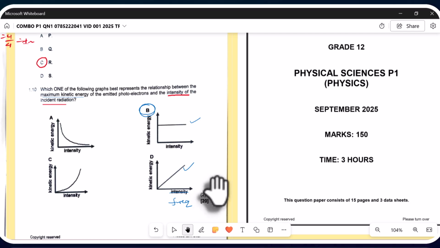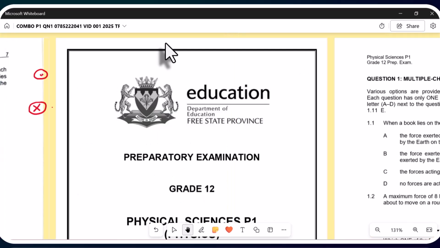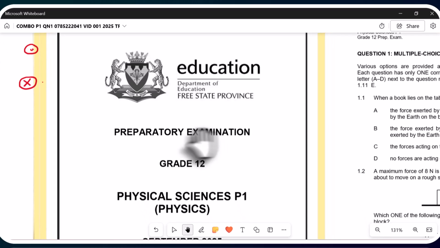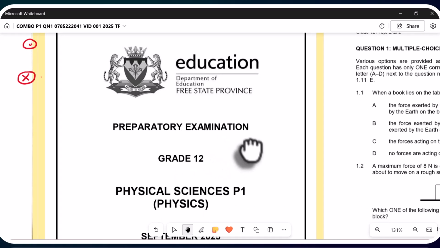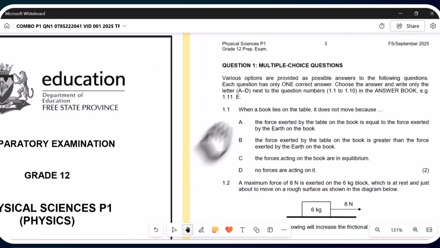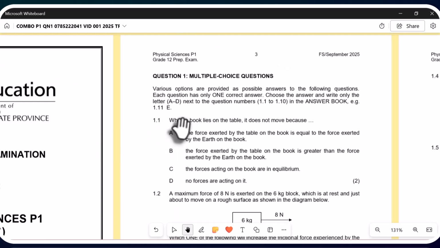Then they say the forces acting on the book are in equilibrium. No forces are acting on the book. They are forces, but they are in equilibrium. So the best answer here is C. The book will not move.